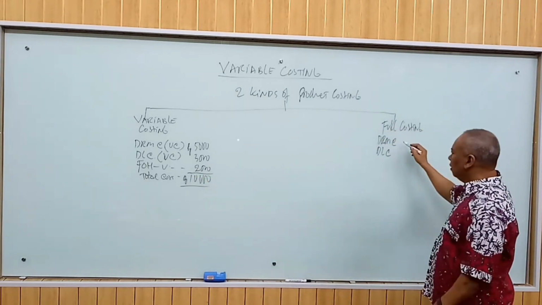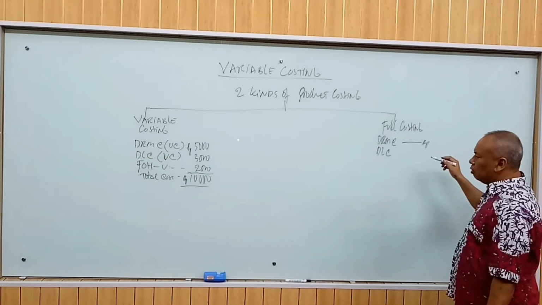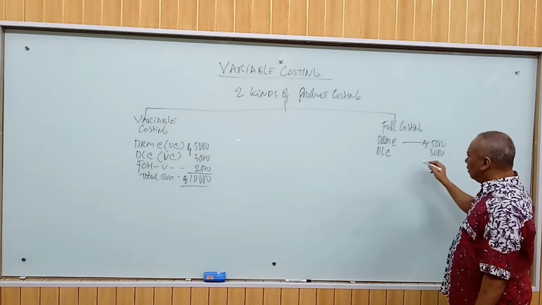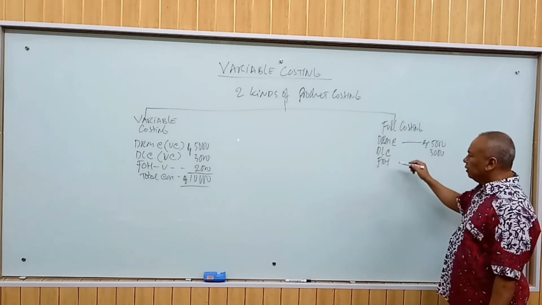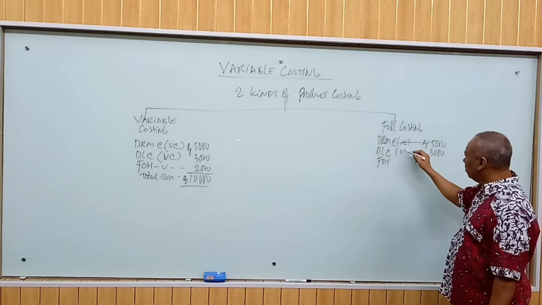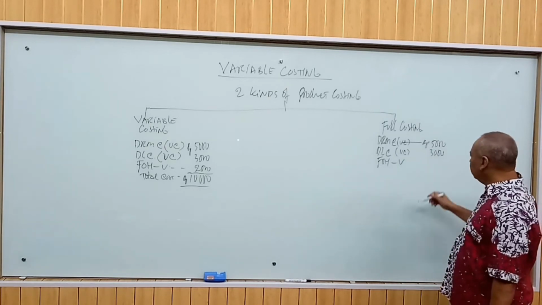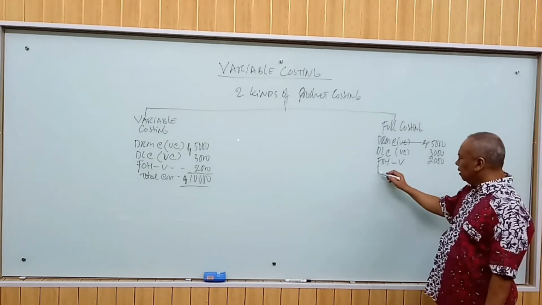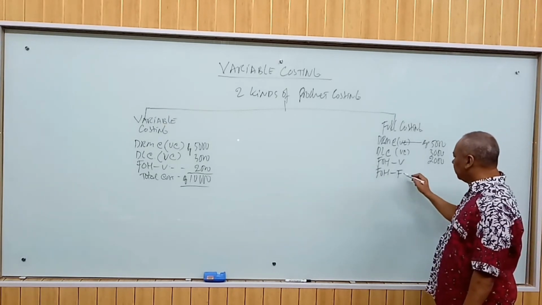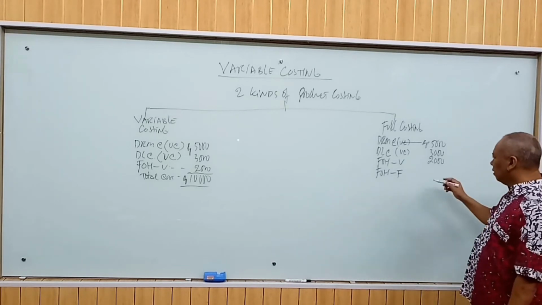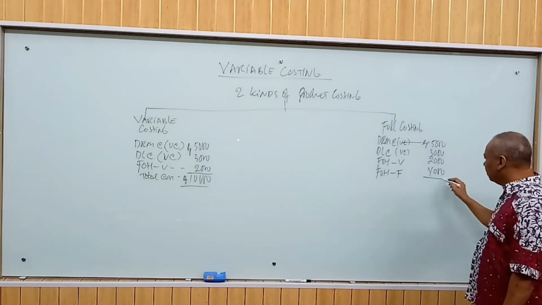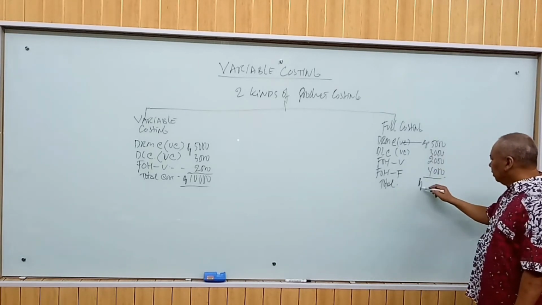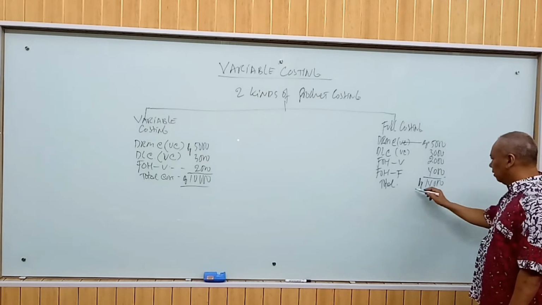In this one, we have the same direct raw material costs 5,000, and this one 3,000, and factory overhead. This is also variable cost, so 2,000, and then we add fixed factory overhead cost. Let's say 4,000. So the total product cost, if we are using full costing, is 14,000.